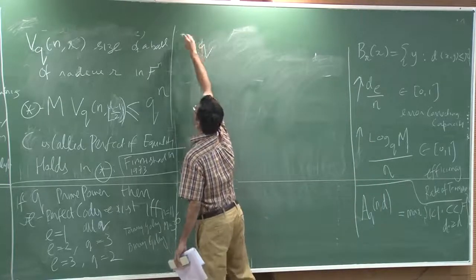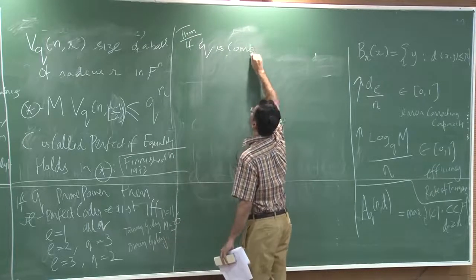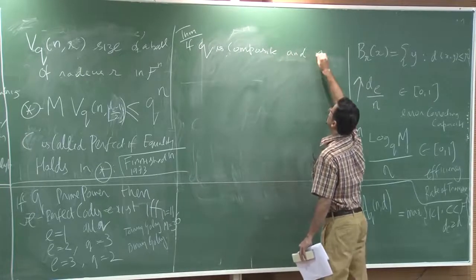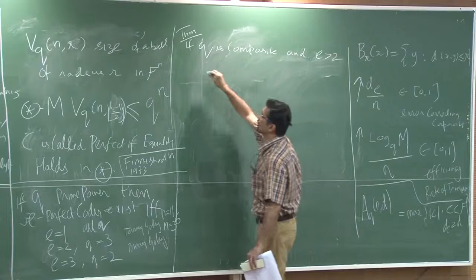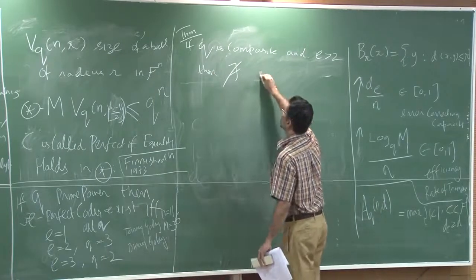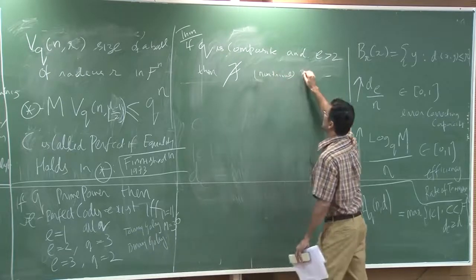If q is composite and e greater than 2, then there do not exist non-trivial perfect codes.